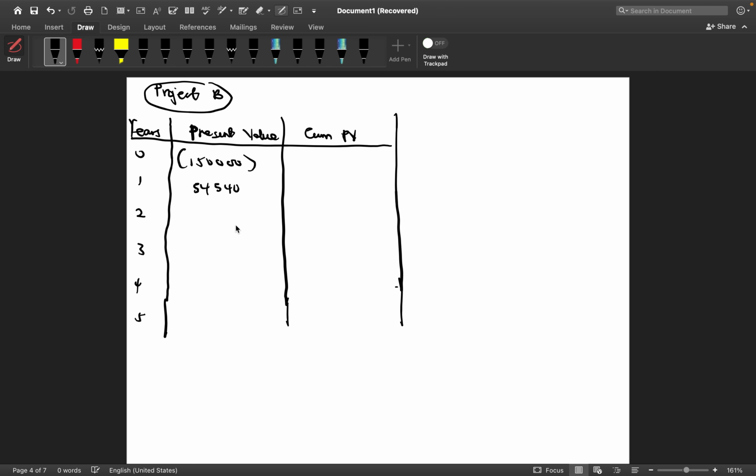Remember, I'm using the present values of project B. So this is 49,560. This is 37,550. This is 27,320. This is 18,630.